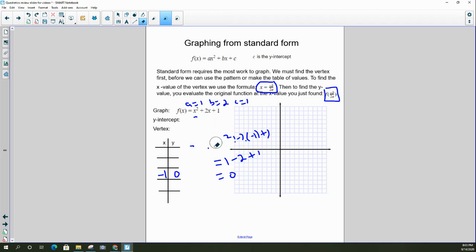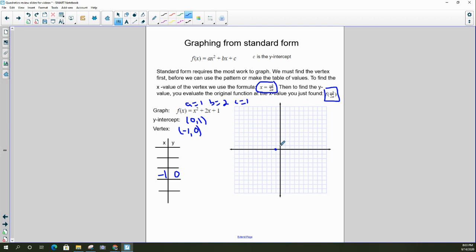If I erase that to give myself some more space, I know the y-intercept, which was c, is going to be 0, 1. And I know the vertex is negative 1, 0. Now I can use the 1, 3, 5 pattern again. Negative 1, 0 is right there.